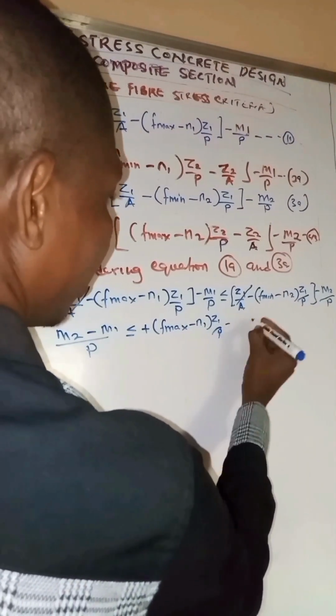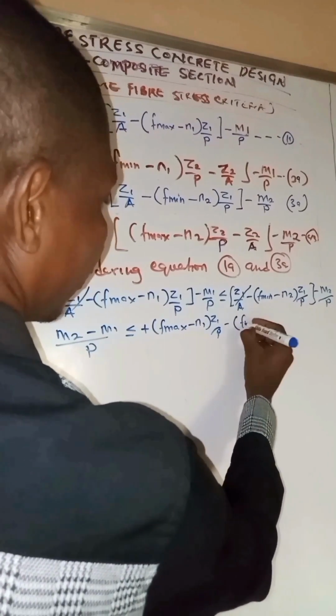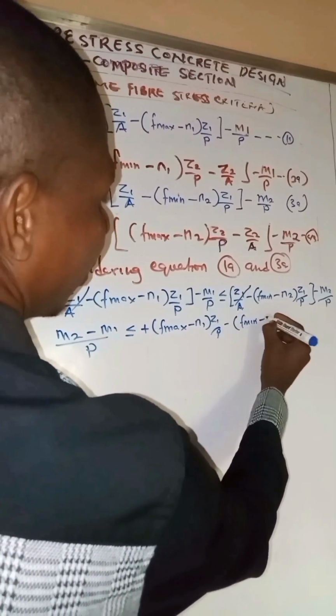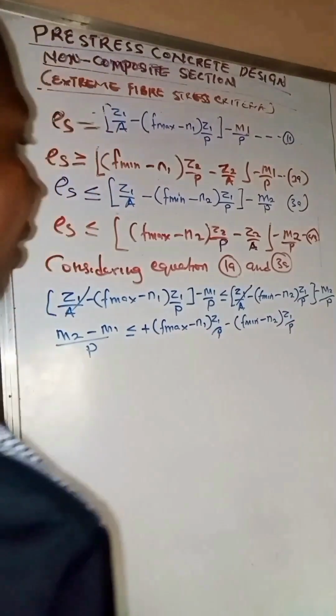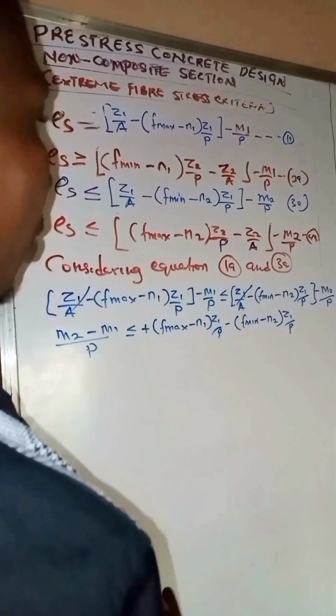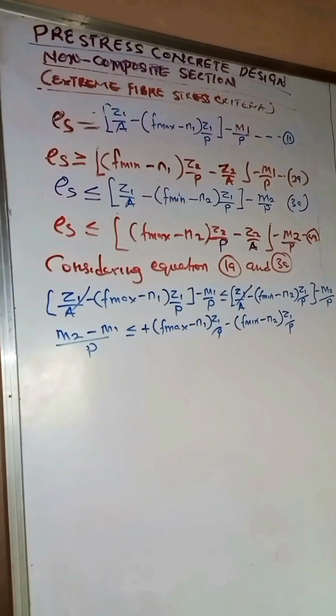We'll have it here minus (F minimum minus N2) Z1 over P. Okay, and that is what we have for this one.